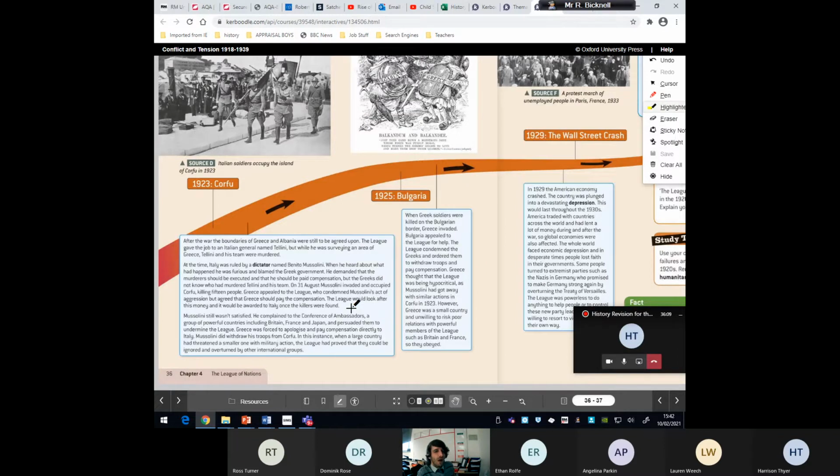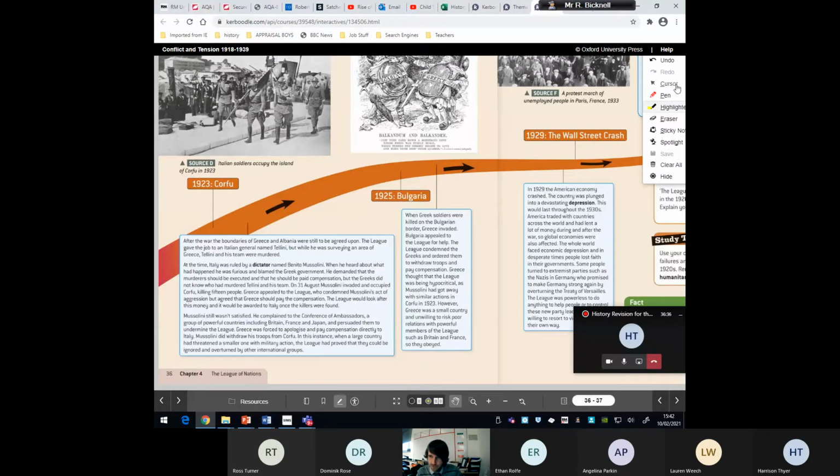You will probably not end up having to write about the League of Nations involvement in Corfu. So we're going to leave that one alone. It's like a whole mini topic within itself. There's a lot that happened. There are lots of names. And if you're not going to really need it in the future, it doesn't seem sensible that we do any work on it. So let's move over to Bulgaria now.